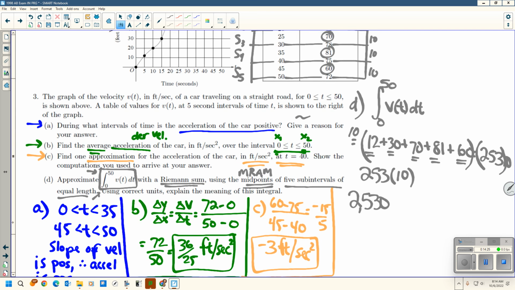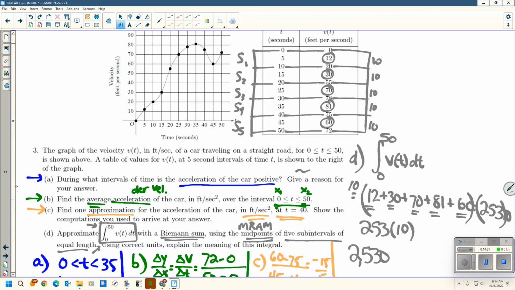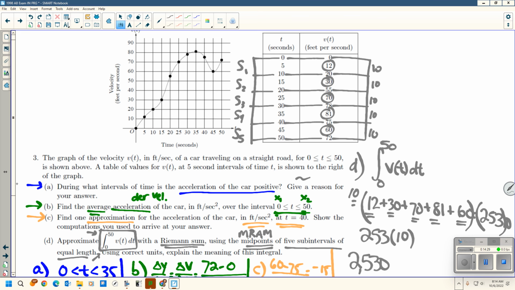What is my unit? Well, a little while ago, I said position, velocity, and acceleration, right? And this was one derivative away, but backward is an integral. What we just did is we took the integral of velocity.